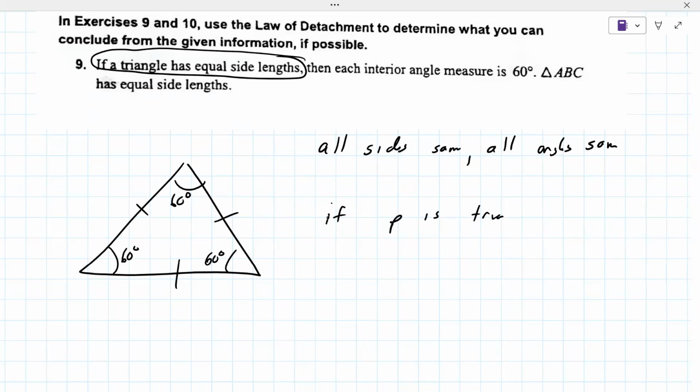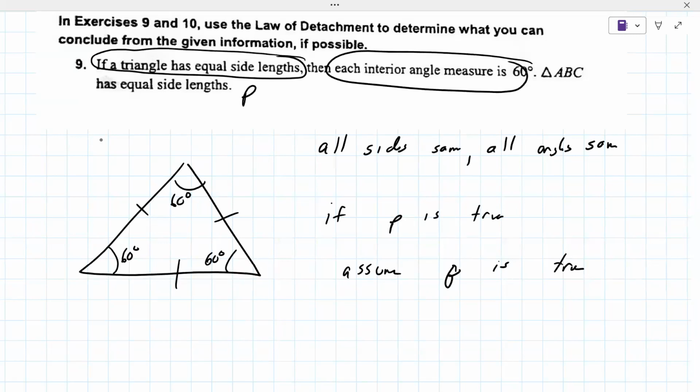If that is true, so we assume that it's true. If all the sides are the same, we can then assume that Q is true. Q is this next part after the then. So there's a P and then there's this Q. This is what the law of detachment says. It says if you assume the first part is true, then the second part must be true.